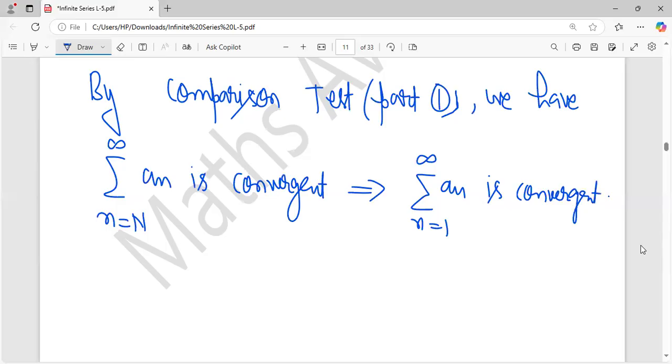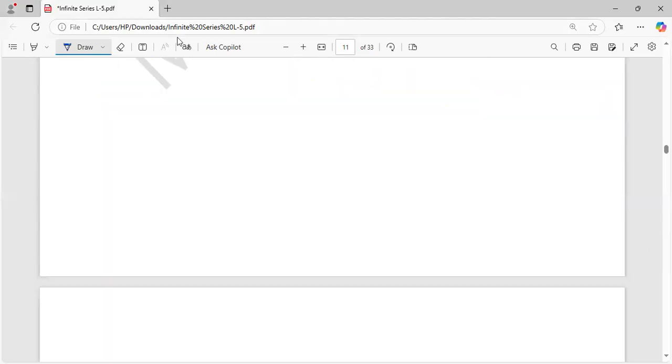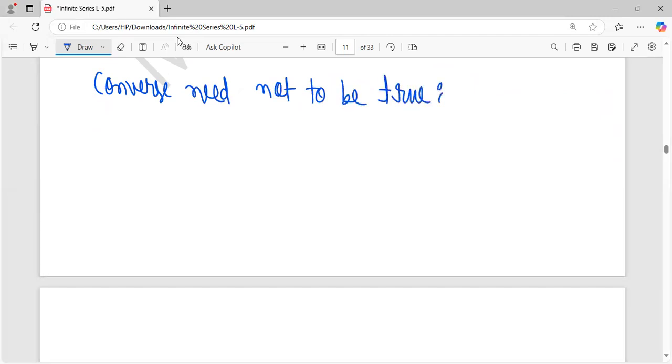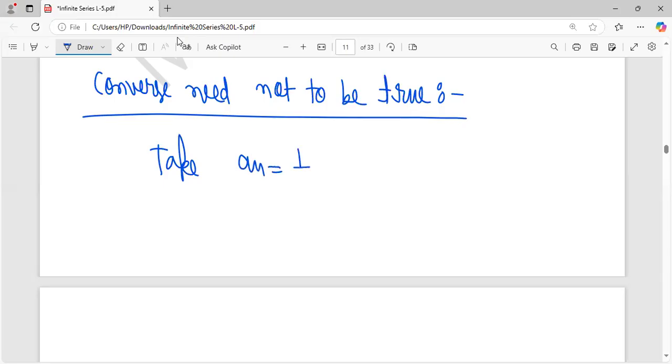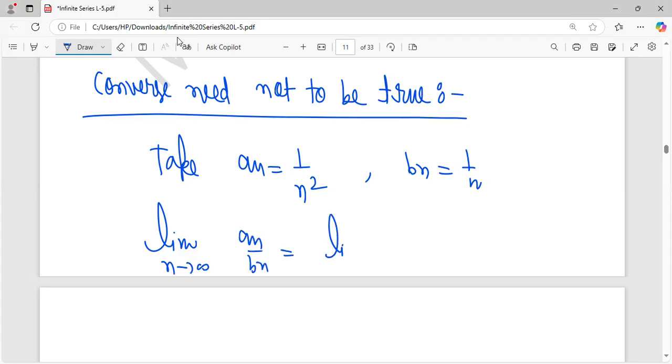Okay. Now the converse need not be true. Let's see an example. Take An equal to 1 upon n square and Bn equal to 1 upon n. The limit as n tends to infinity of An upon Bn is the limit of 1 upon n, that is 0.